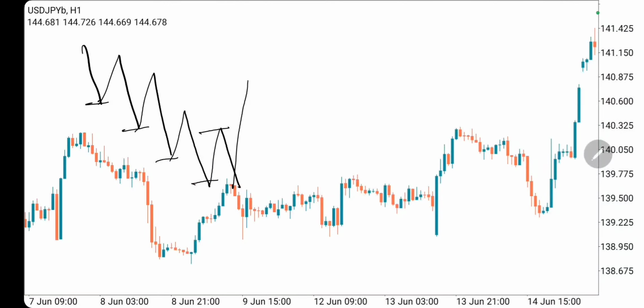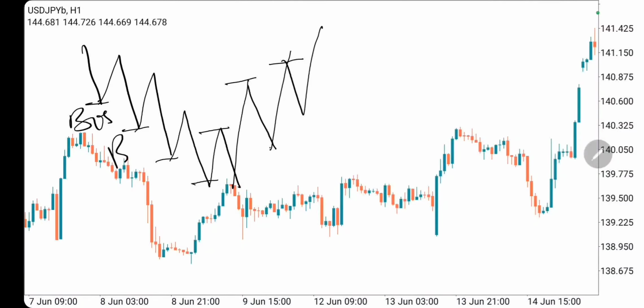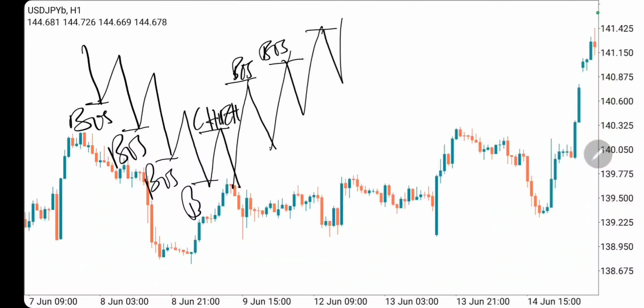Now the market breaks the last structure and reverses in trend. Here the market transitions to a bullish phase from the bearish phase, so you have your change of character, and after that you have your break of structure again. This is a bearish order flow to a bullish order flow.